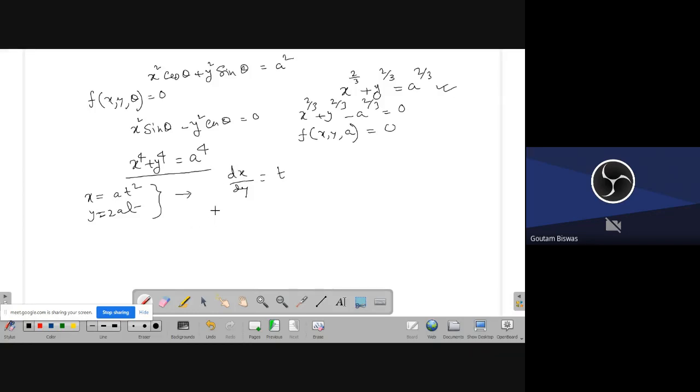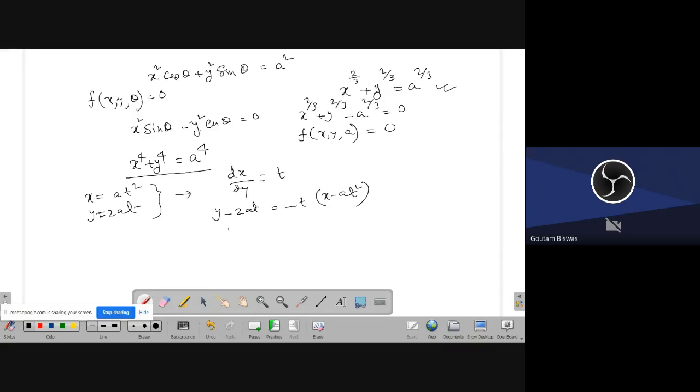So y at the t point means 2at, that is equal to -t(x - at^2). Check whether it is correct or not. So this is the equation of the normal at this point of the curve.